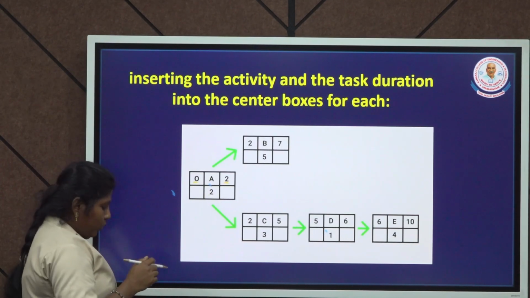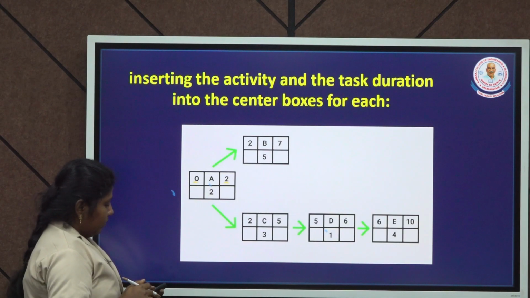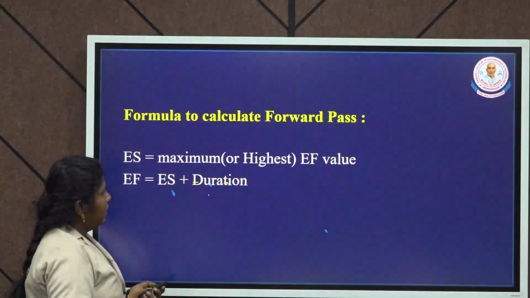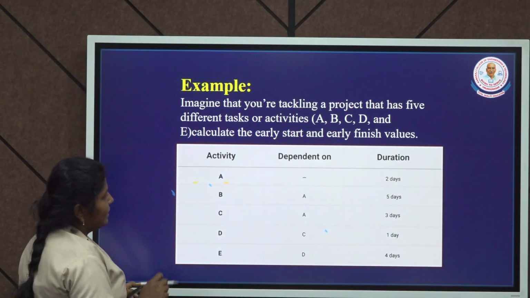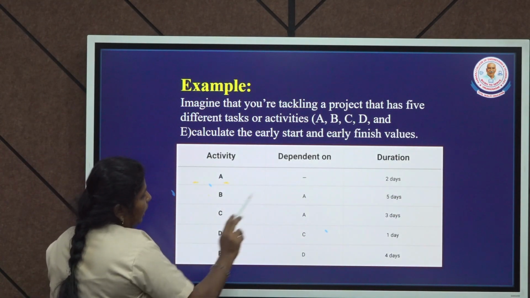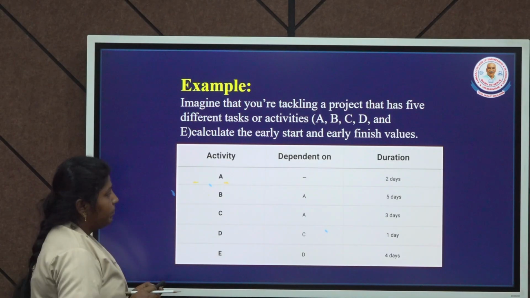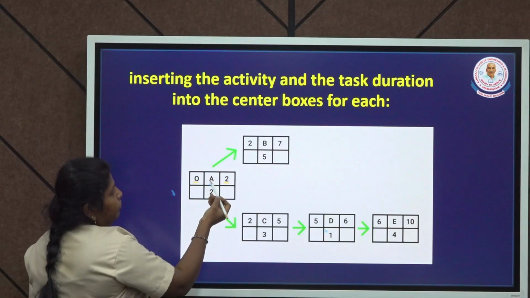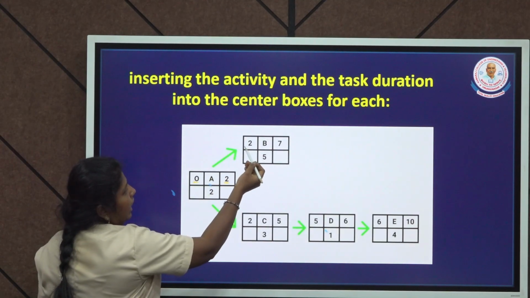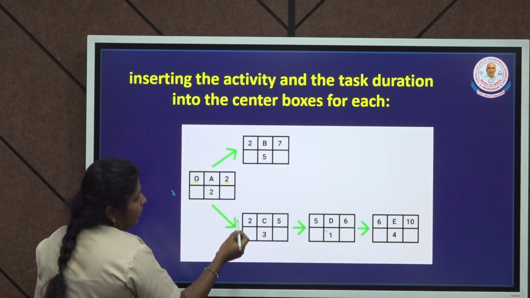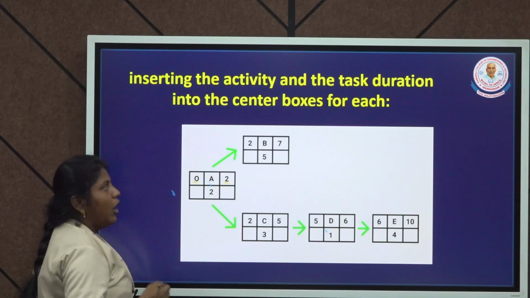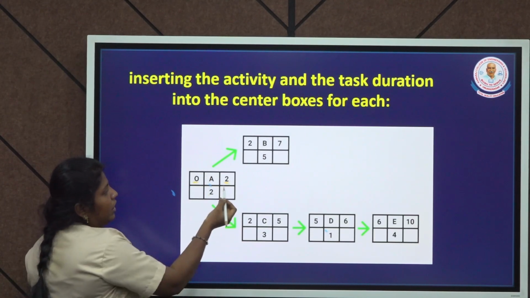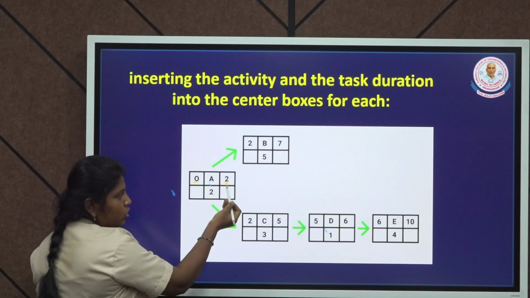So next we move to how you can draw B and C. See here in this example, B is dependent on A, C is also dependent on A. Okay. So from A you take another activity B and another activity C. So then how can you calculate the early finish value? If you see, the early finish value of A is 2 here.